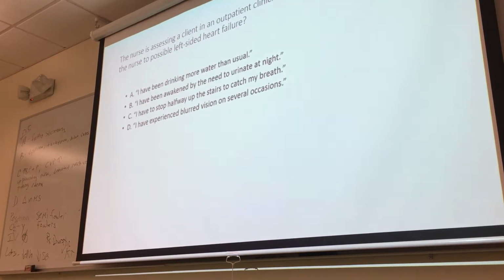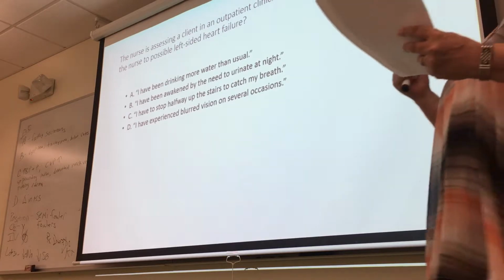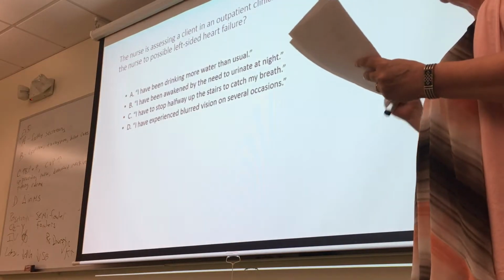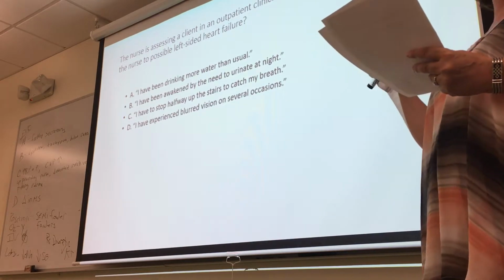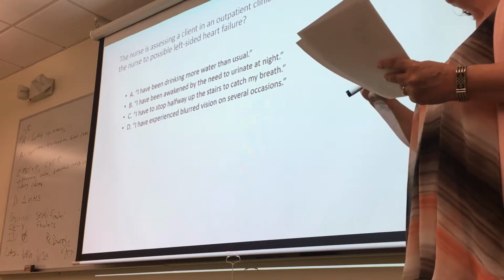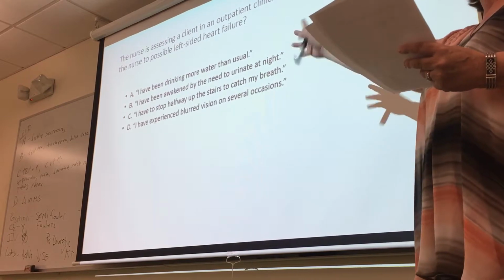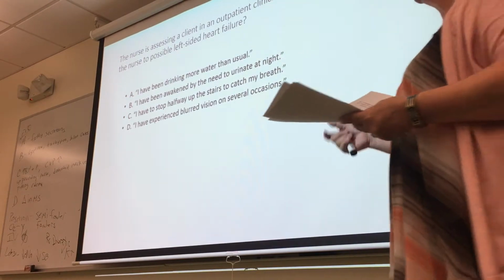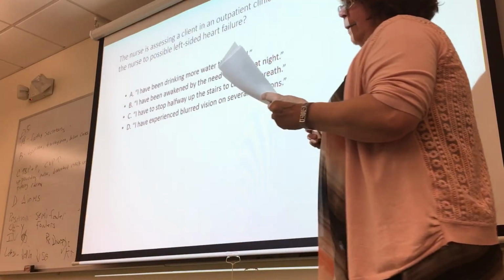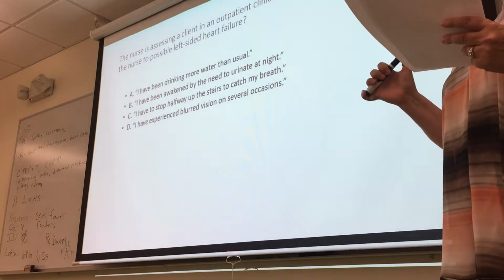All right, so nurse assessing a client in an outpatient clinic. Which client statement alerts the nurse to possible left-sided heart failure? Before I go any further, left-sided is what? Lung. Right-sided? Systemic. I say left side lungs, right side rest of body. A, I have been drinking more than usual.